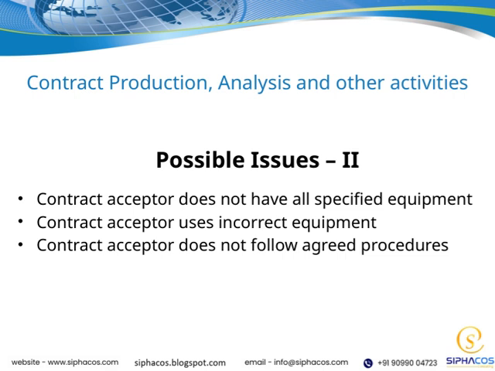This might involve incomplete analysis, incorrect data handling, or deviations from the agreed scope, which can all impact the overall project success. Overall, being aware of these potential issues helps us stay proactive and ensures that our contract activities run smoothly, maintaining both safety and quality throughout the process.